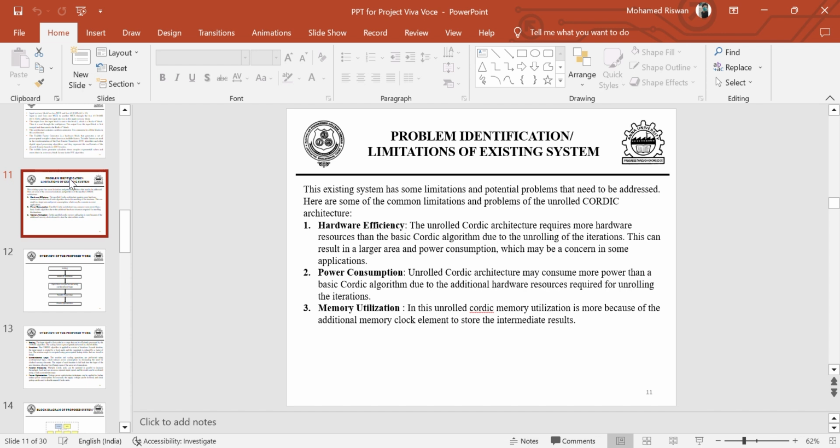But when we reduce the size of the memory, the hardware elements are reduced, which means the chips are reduced, and then the power consumption is reduced. So it is more suitable for applications like 5G. It's a newest application that consumes a lot of power, but for such applications we can use this.